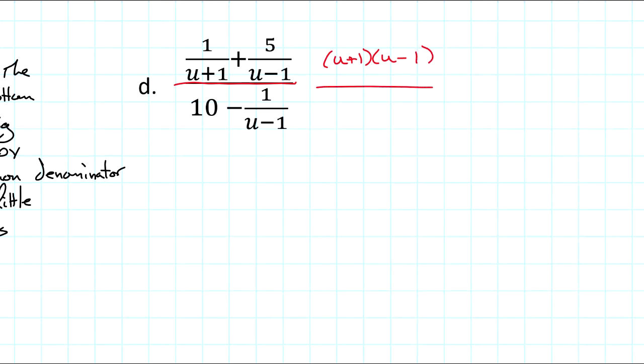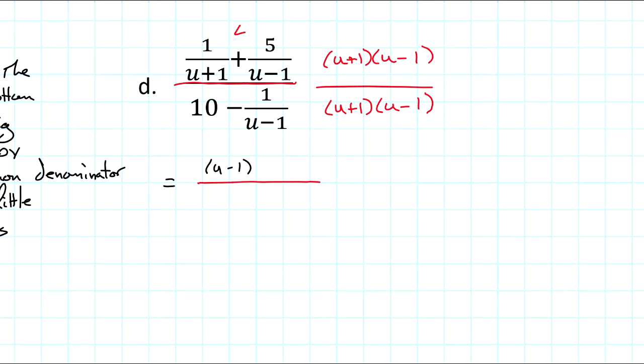We'll multiply that top and bottom, u plus 1 times u minus 1, against the big fraction. So on top, we'll take that and distribute it to the first term. When we do that, the u plus 1's will cancel, and we'll be left with a u minus 1.